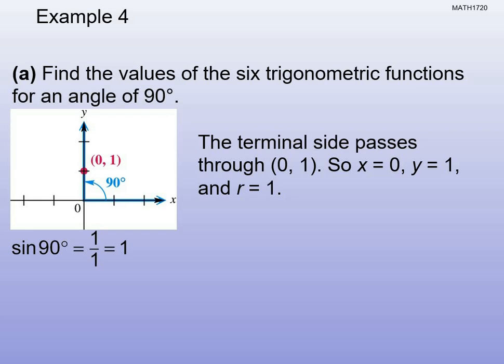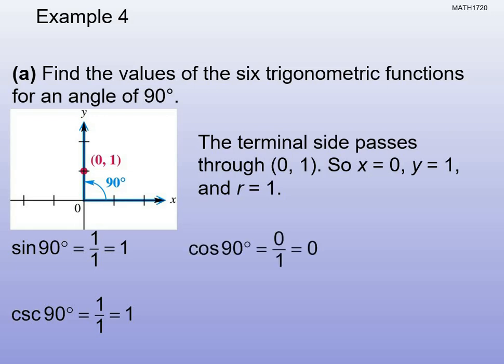Sine is the vertical component over the magnitude, or opposite over hypotenuse. So it ends up being what? Y over r, which is 1 divided by 1, which is 1. So sine of 90 is 1. This is something that you're going to need to know, memorize, and get used to. If we look at cosecant of 90, because cosecant is the inverse, 1 divided by 1, even though you flip them, it's still 1.